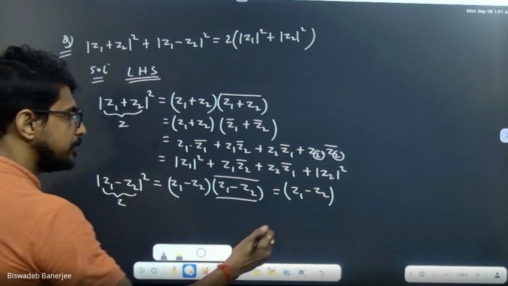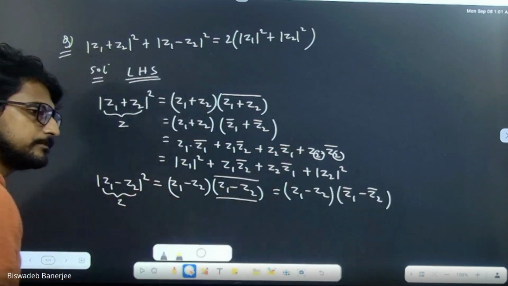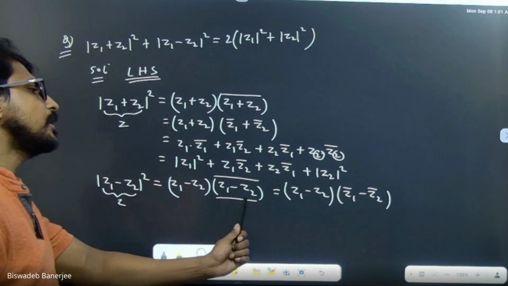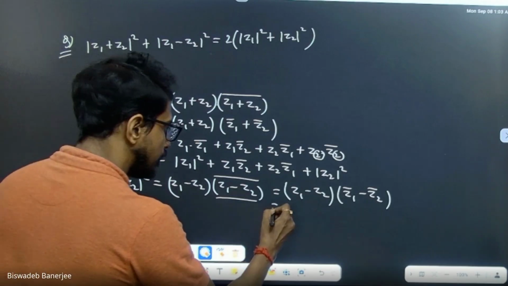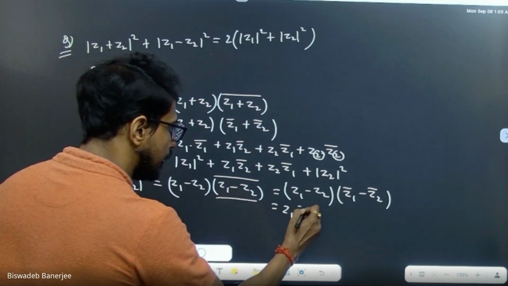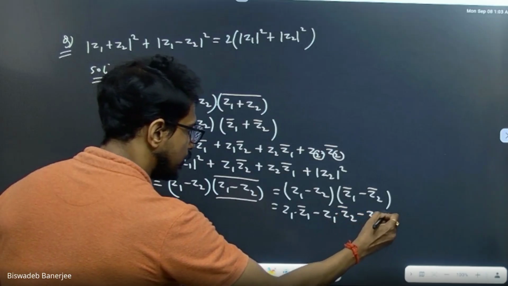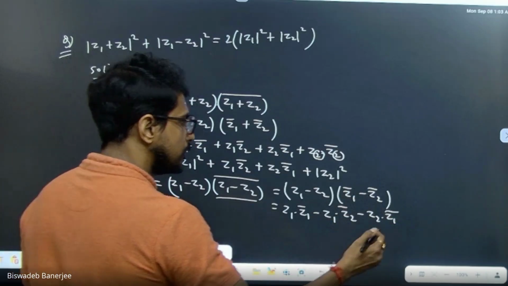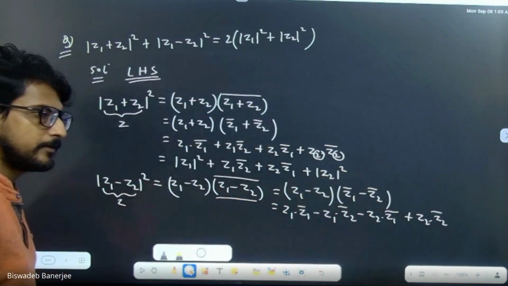how can this be written? This can be written as Z1 bar minus Z2 bar, by property number 2. See, Z1 bar minus Z2 bar. If we multiply Z1 into Z1 bar, Z1 into Z2 bar, Z2 into Z1 bar, minus minus plus Z2 into Z2 bar.